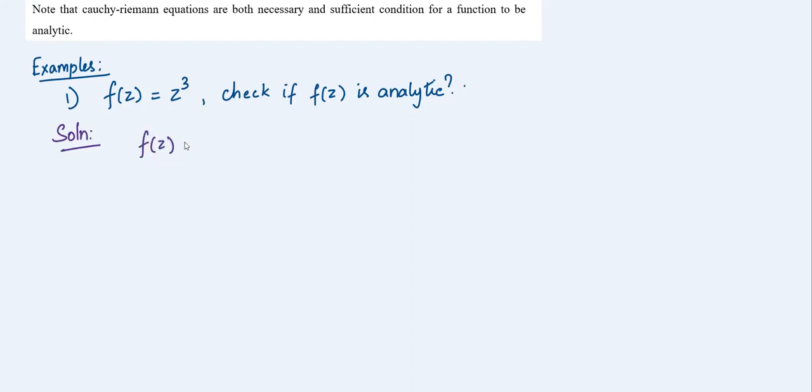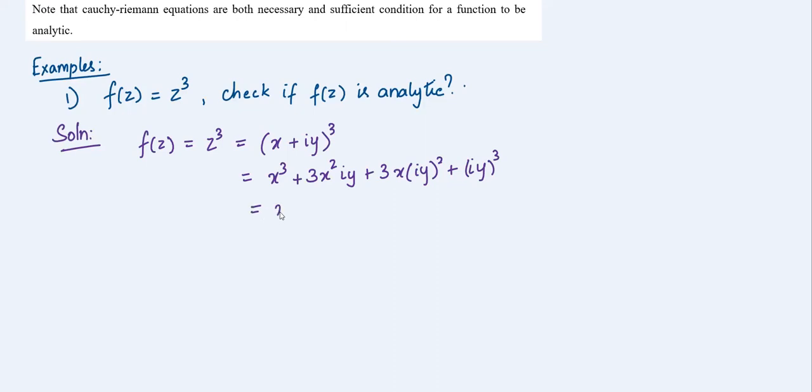So f of z is z cube, which is x plus iy the whole cube. So this is x cube plus 3x square iy plus 3x iy the whole square plus iy the whole cube. So we get x cube plus i times 3x square y minus, i square is minus 1, 3xy square.